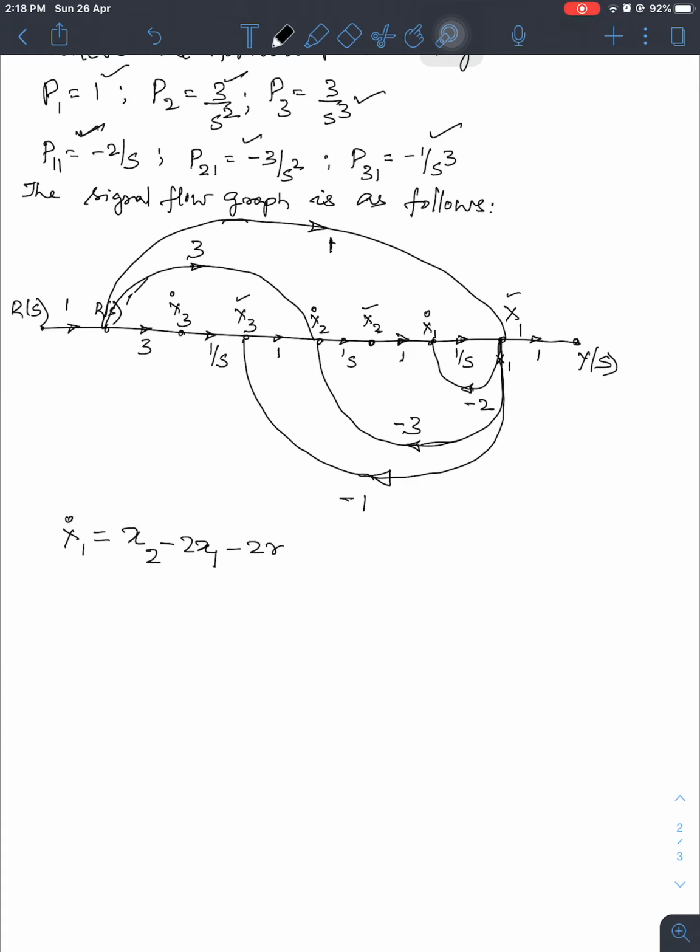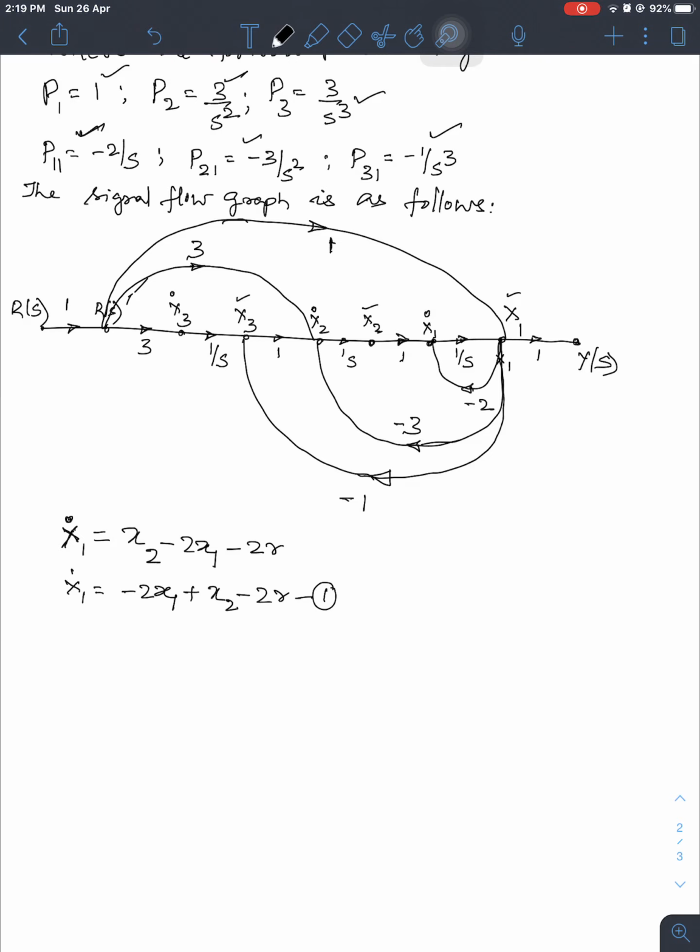This is the equation for x1 dot. So this input node has signals from x1, x2 and r. We rearrange: x1 dot equals minus 2x1 plus x2 minus 2r. This is our equation 1.